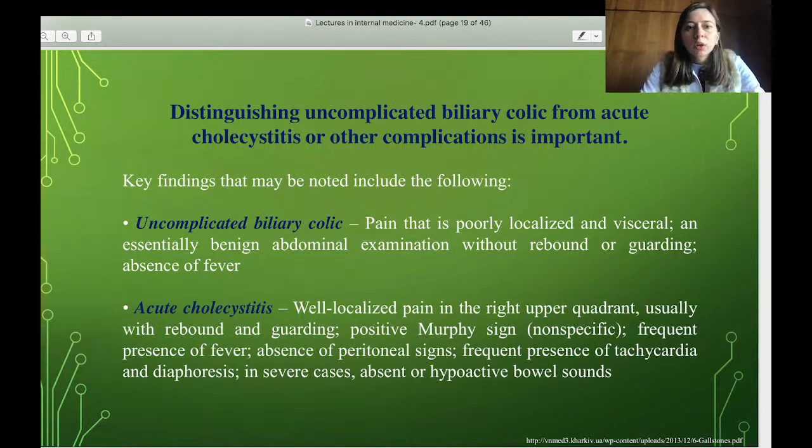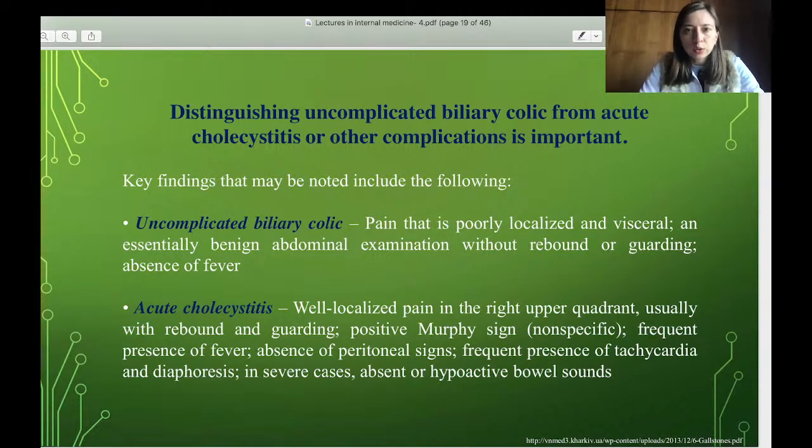And what about uncomplicated biliary colic? Pain that is poorly localized and visceral, an essentially benign abdominal examination without rebound and guarding, and absence of fever.